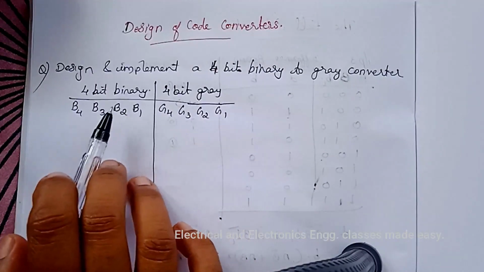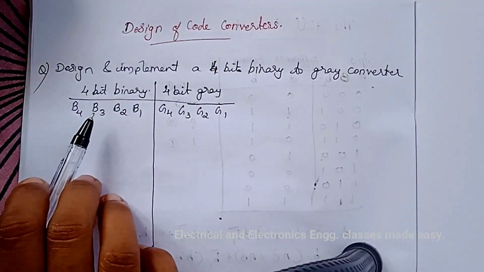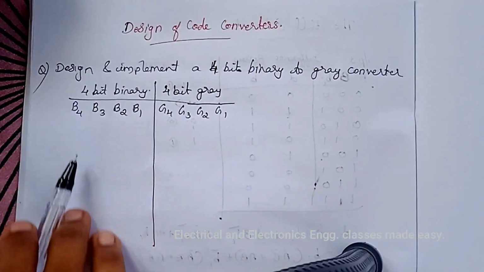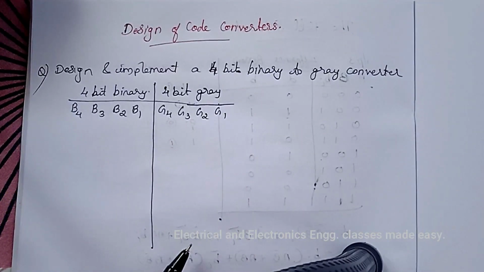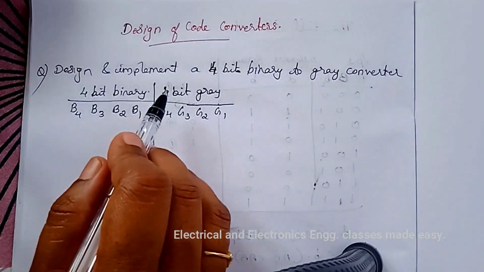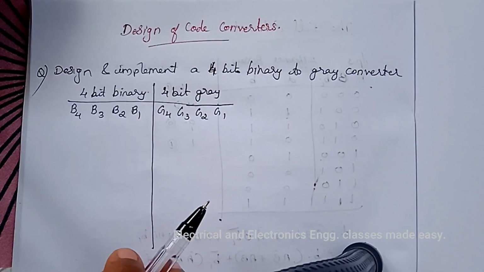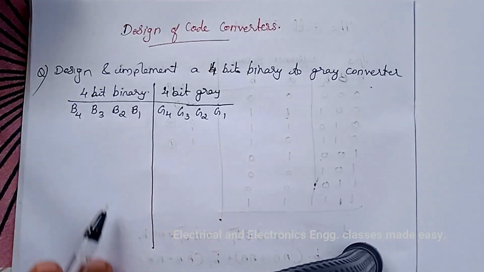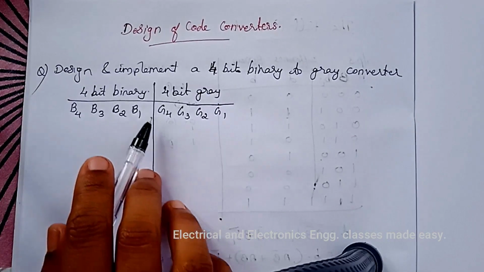To design a code converter, we use a code table, treating it as a truth table to express each output as a Boolean function of all the inputs.